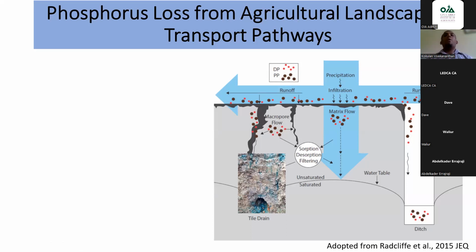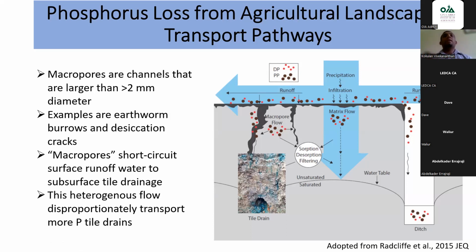But there's also another pathway, the macropore flow, which is rapid and could bring more phosphorus directly into the tile drains. So what are these macropores? Macropores are channels that are larger than 2 millimeter diameter. Examples of macropores are earthworm burrows and desiccation cracks.